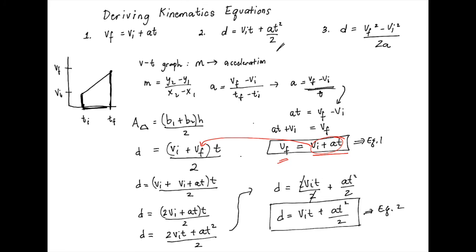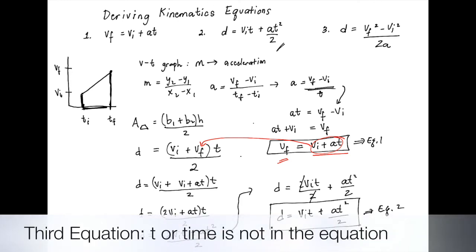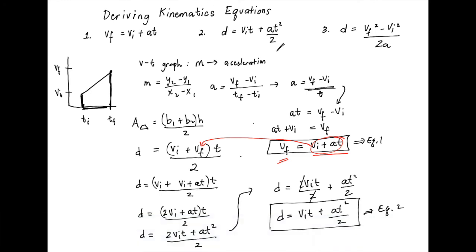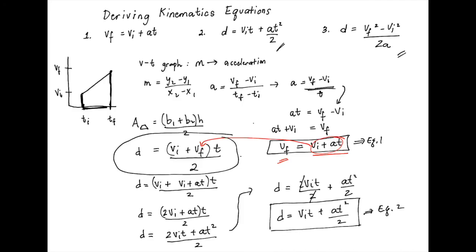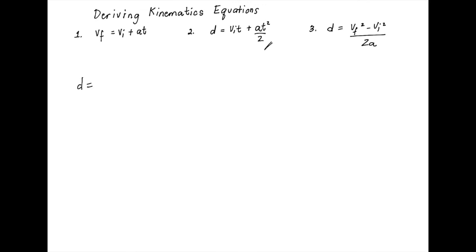Okay, so this time let's derive our equation 3. Our equation 3 would be d equals Vf squared minus Vi squared all over 2a. Now, let me copy this formula. This will be our main formula for us to derive equation 3. So we have d equals Vi plus Vf times t all over 2.